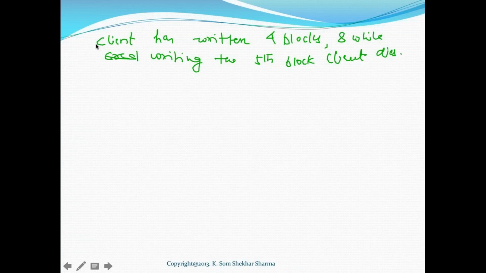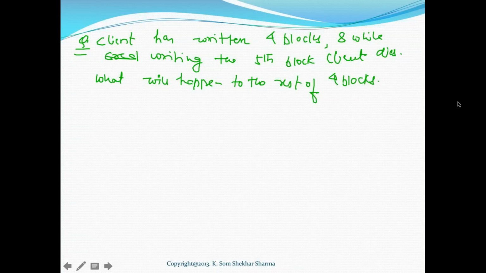So my question is, what will happen to the rest of the 4 blocks? What do you think? Will they be rolled back because the file was not completely written, or will they stay because they are independently written?